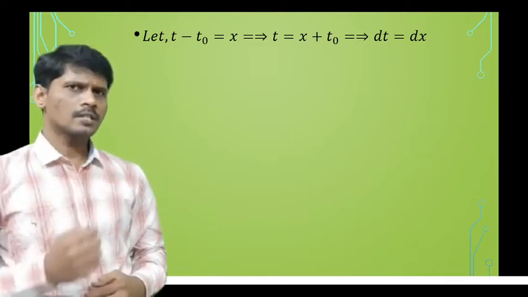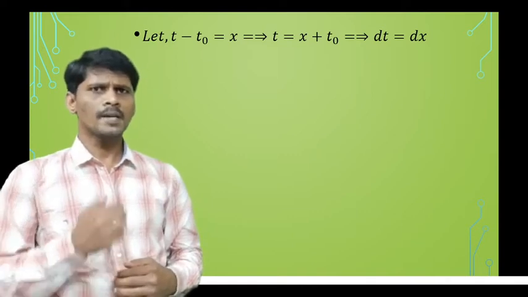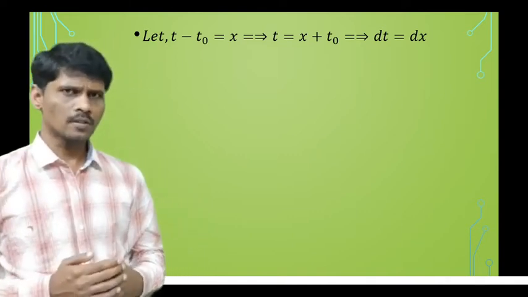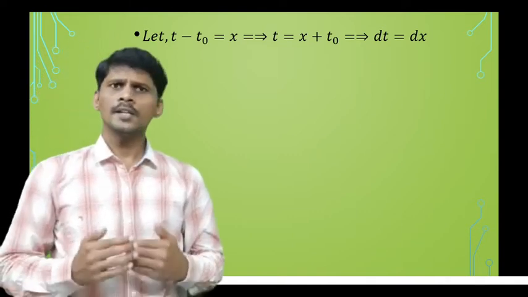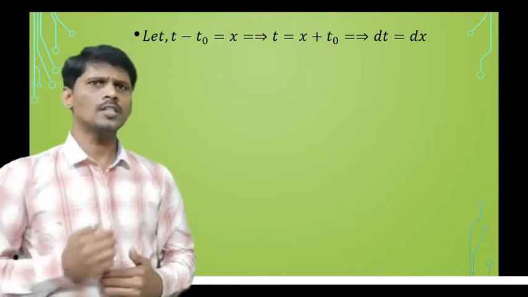In the previous equation, what is the range of the time t? t varies from minus infinity to plus infinity. Now we are considering t minus t naught equal to x, so next we find the range of x.